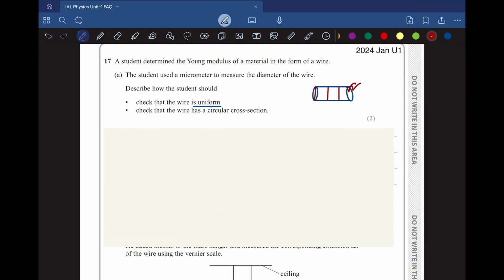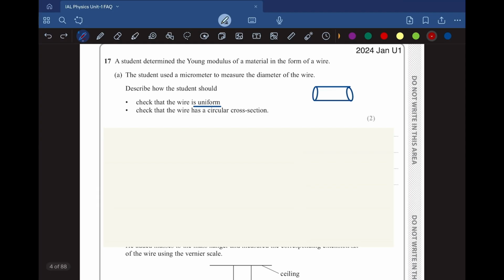Now the next question says, check that the wire has a circular cross section. So basically whether this cross section is circular or not, this is what they have asked. So to ensure that it is completely circular, we can measure the diameter at several orientations. We can measure it like this. Let me show you guys how to draw it.